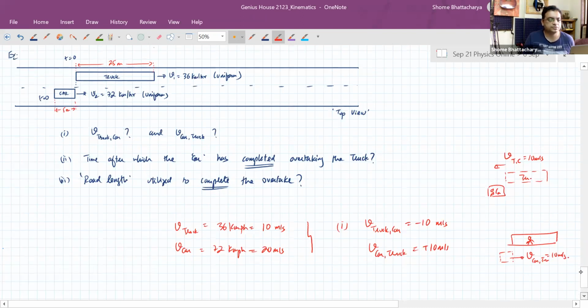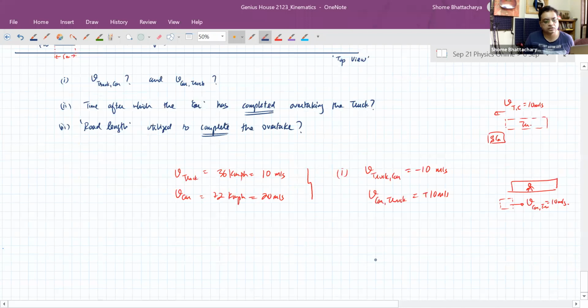So for the second part, you can understand it this way: suppose I'm observing from the truck. So in the frame of the truck, this is where the car is at t equal to 0. And it's moving at 10 meters per second.